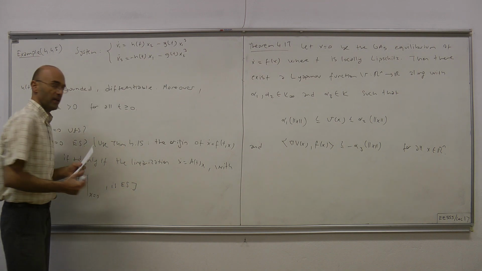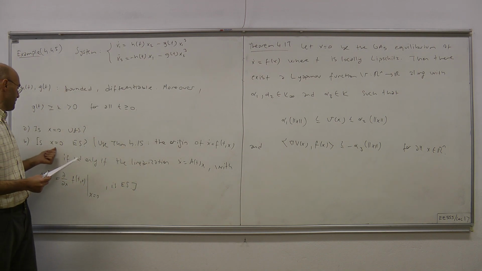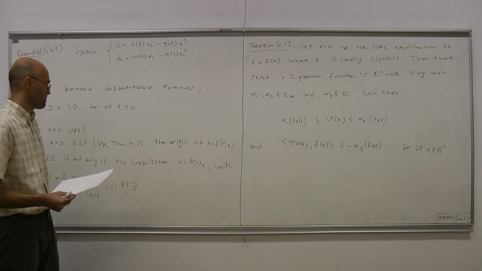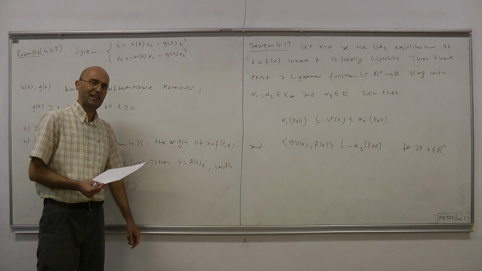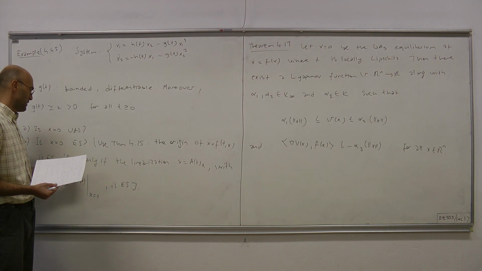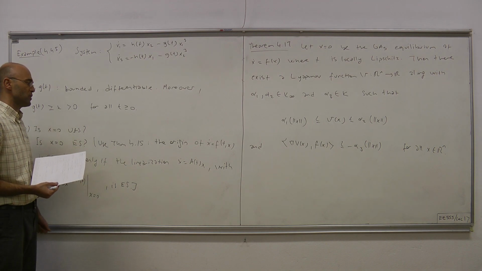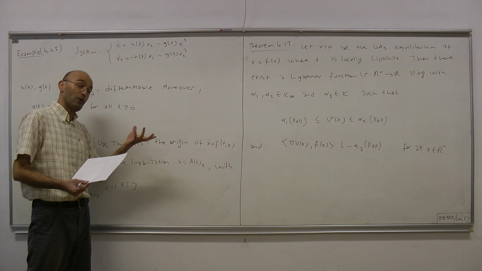Okay. So the exponential stability of the origin can be checked in an if and only if fashion by its linearization. Note that we cannot use linearization to check asymptotic stability. I mean, not always.